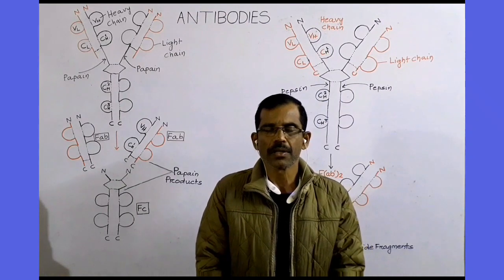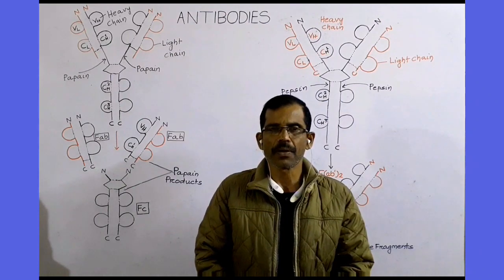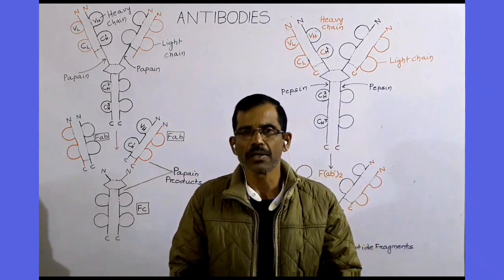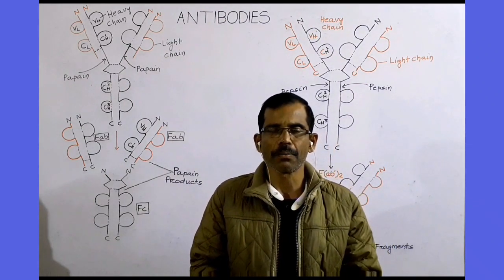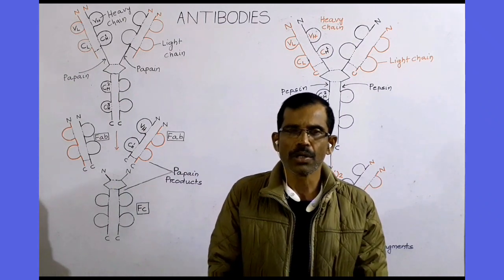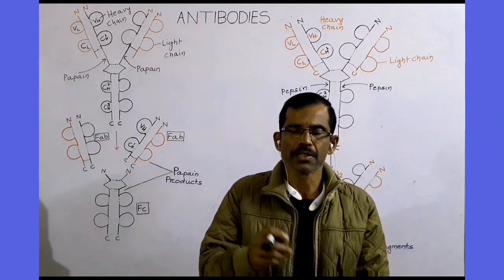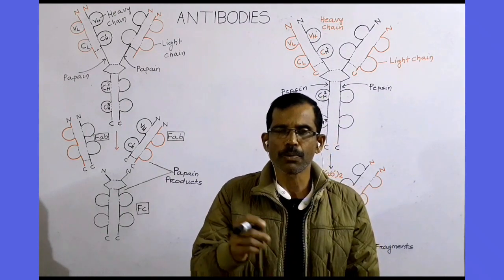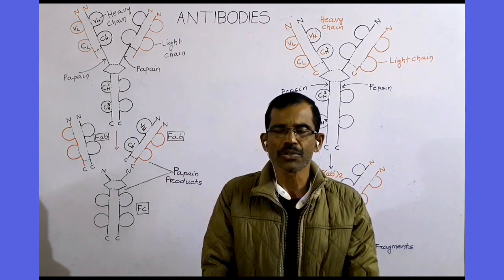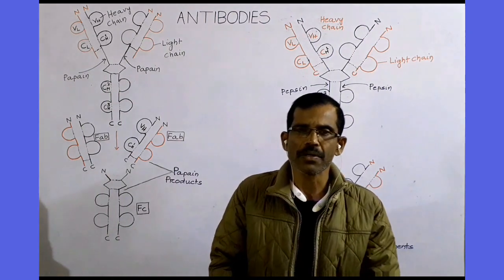The association between the chains and the functions of different regions of antibody molecules were first deduced from experiments conducted by Rodney Porter, in which rabbit IgG molecules were cleaved by proteolytic enzymes into fragments with distinct structural and functional properties.